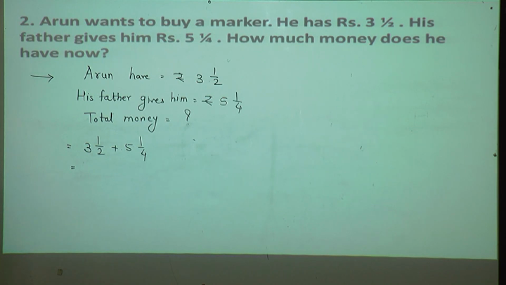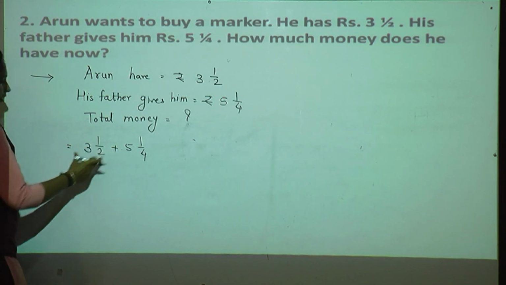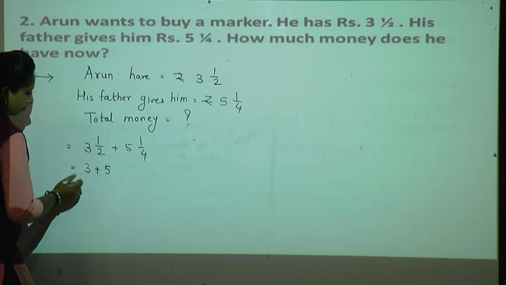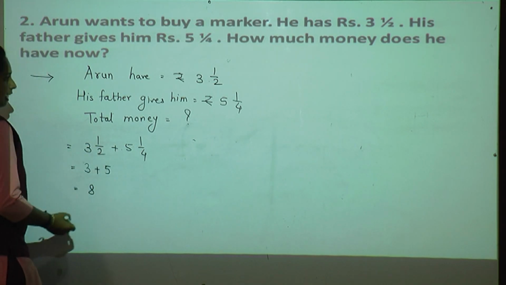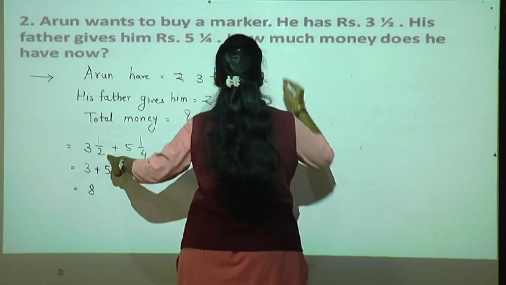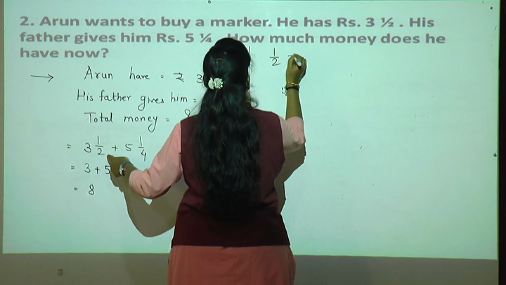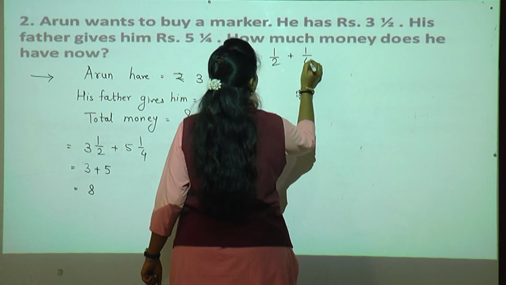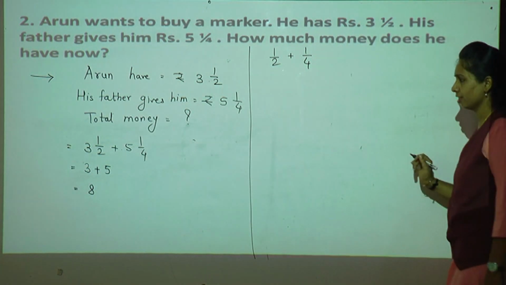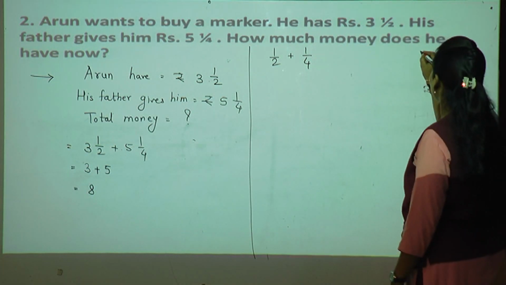Then we will add fractions together. Now I will separate the whole numbers. 3 plus 5. 3 plus 5 is 8. Now next I will take fractions 1/2 and 1/4.